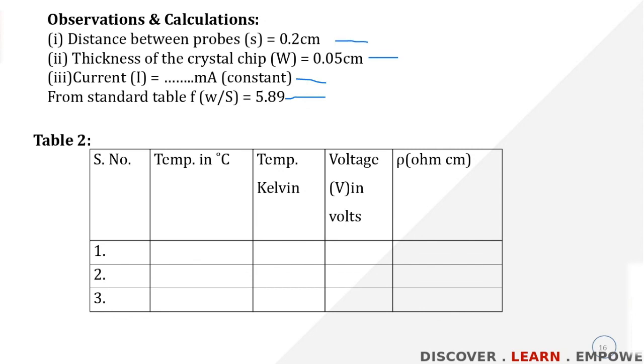So these values are fixed. The distance between probes is fixed, thickness is fixed, current is fixed, and the value of the function we are getting from the standard table is fixed. We are just varying temperature and noting down the values of voltage from the experiment, and your interval for this temperature variation should be fixed. Here it is showing 3 readings, but you have to take 5 to 6 readings with a fixed interval.